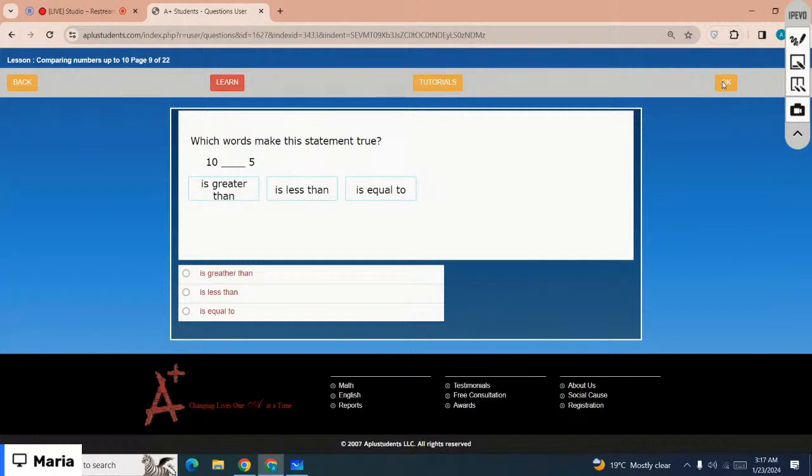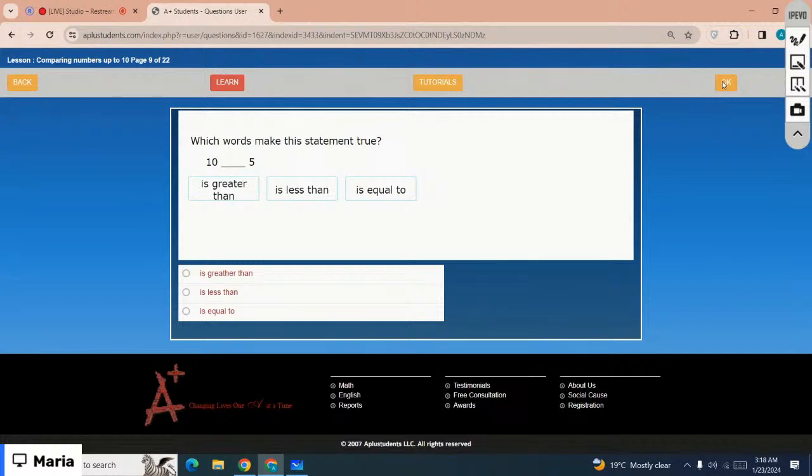The next one is which words make the statement true? So, which is the correct option? 10 and 5. 10 is greater than 5, right? When counting, 10 comes after 5, right?